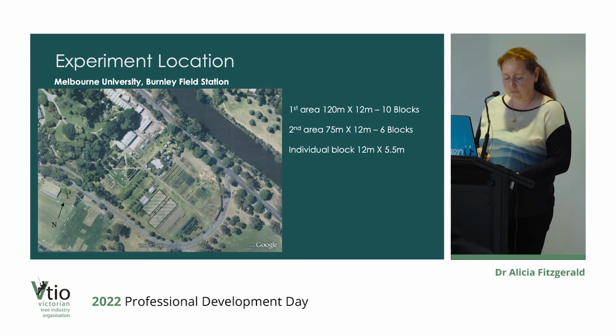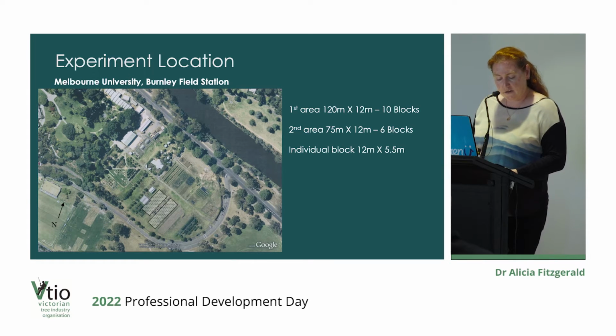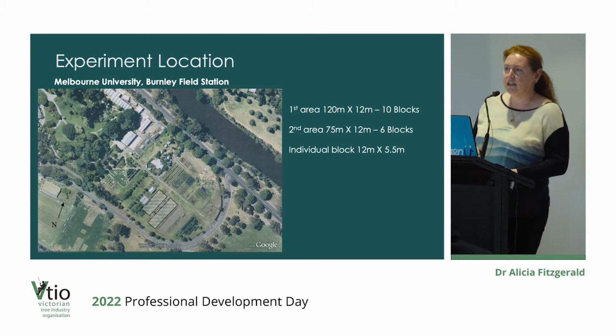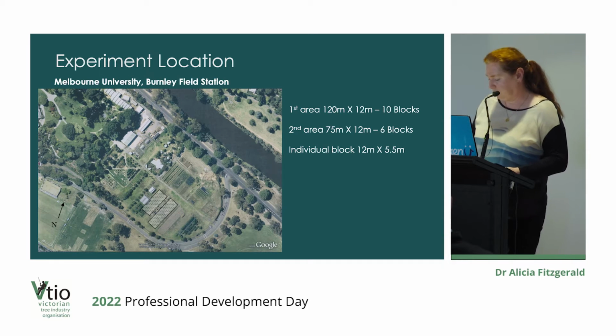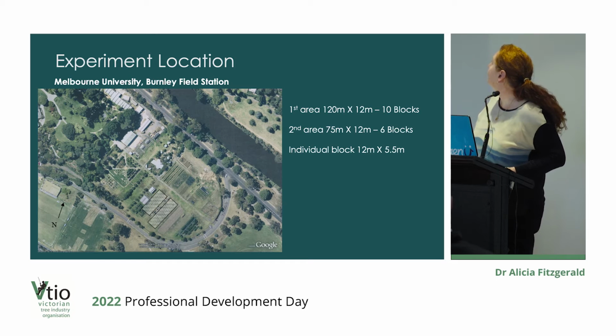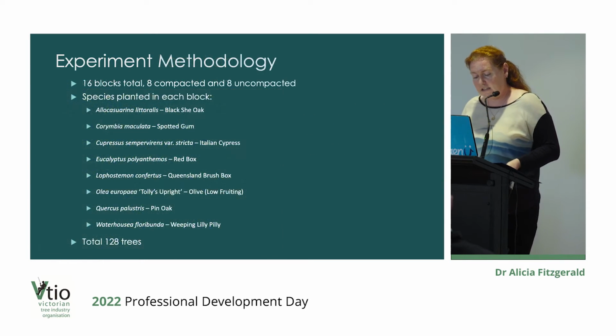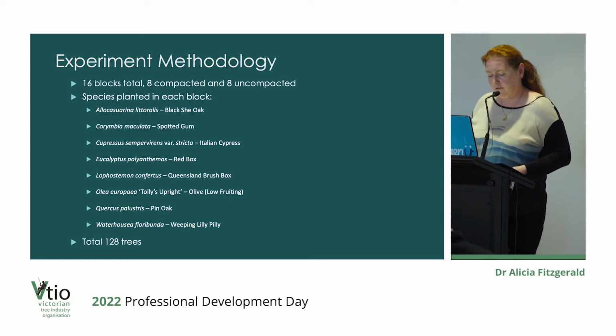The second area was 75 metres long by 12 metres wide, and there were 6 blocks located in this smaller area. And each individual block measured 12 metres long by 5.5 metres wide. So there were 16 individual blocks altogether.